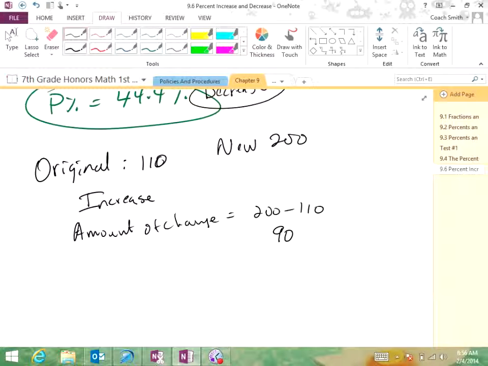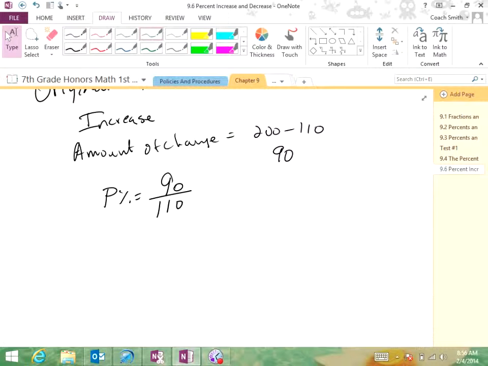It's 90 over 110, because 110 is the original amount. It's always over the original amount. Then I can reduce it by just simply marking out the 0 on top, 0 on bottom. And so that's P% equals 9 over 11.